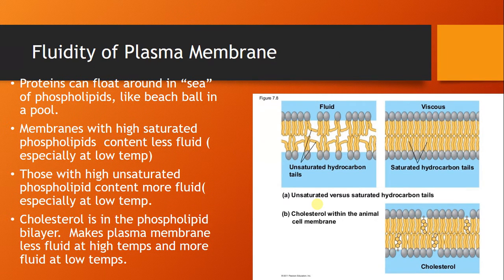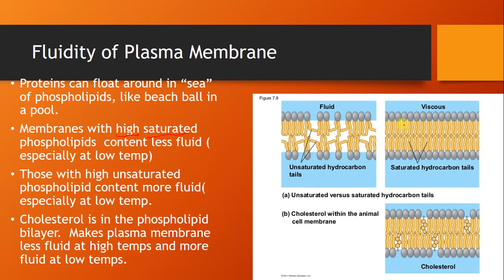So one really important thing about the plasma membrane is its fluidity, that fluid mosaic model, its ability to be like a sea that proteins float around in like a beach ball. But the plasma membrane can vary in its fluidity. So for example, membranes with a high amount of saturated phospholipids, what does that mean? No carbon-carbon double bonds, are less fluid, especially at low temperatures. That is because there are no kinks.